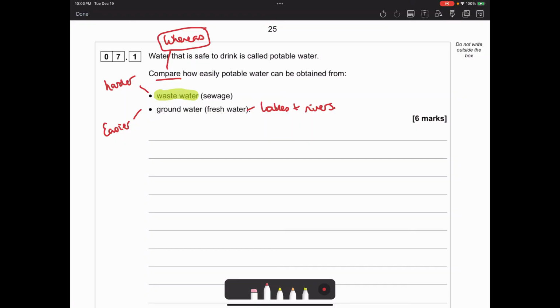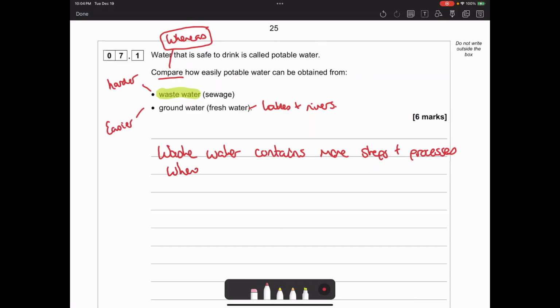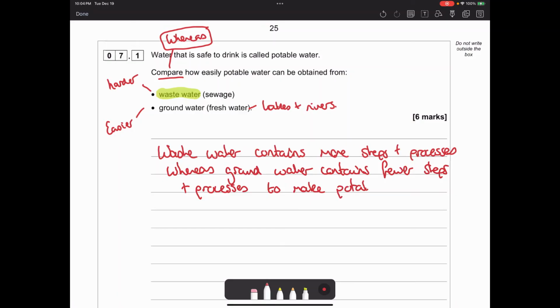So I would say, if I'm starting this off, in terms of just talking about the general overall points, wastewater contains more steps and processes, whereas groundwater contains fewer steps and processes to make potable water.